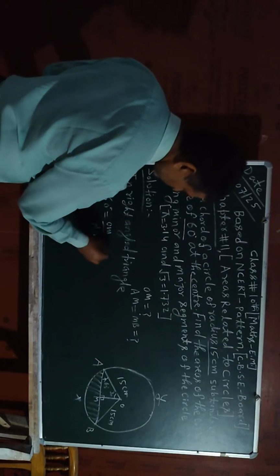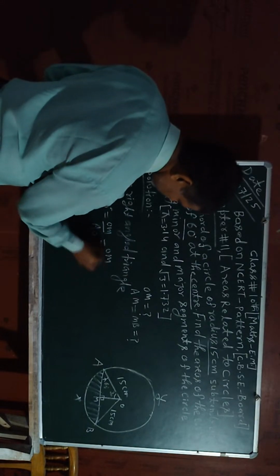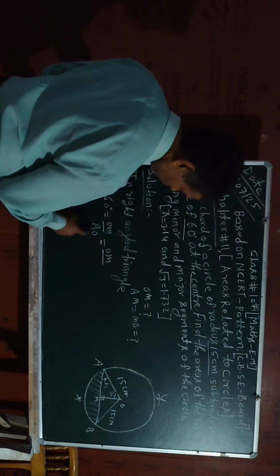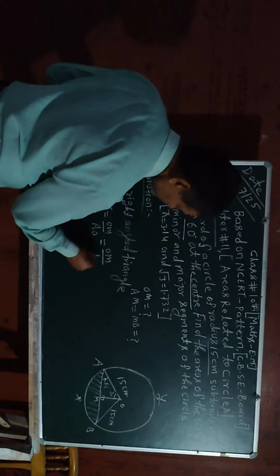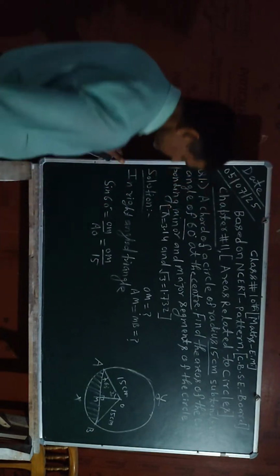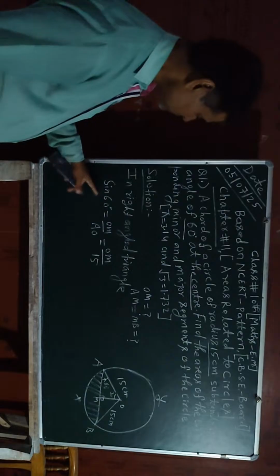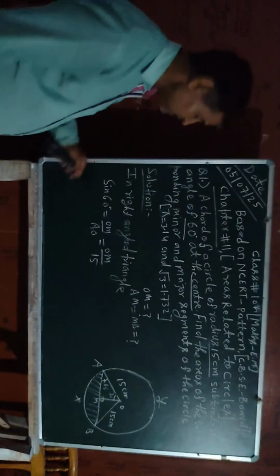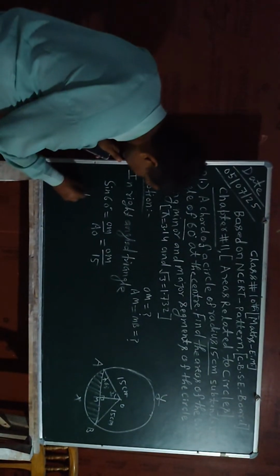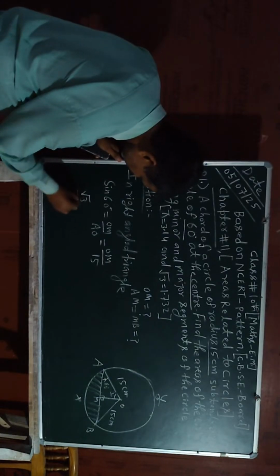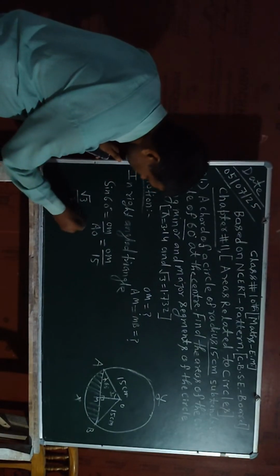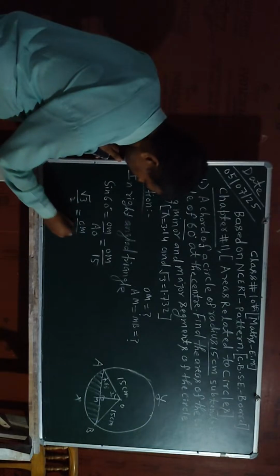The length of OM I have to calculate. Now the length of AO or OA is 15 centimeter, that is given in the question. Again I will substitute the value of sin 60 degree, which is written as √3 divided by 2, equal to OM divided by 15.